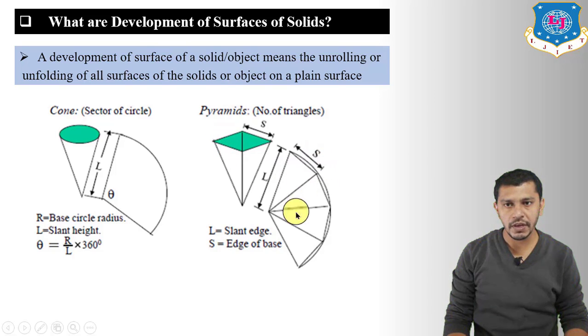So the development will be 4 triangles attached at the same point, and this development is known as the radial development. If we have a pentagonal pyramid, we will get 5 triangles. If we have a hexagonal pyramid, we will get 6 triangles in the development.